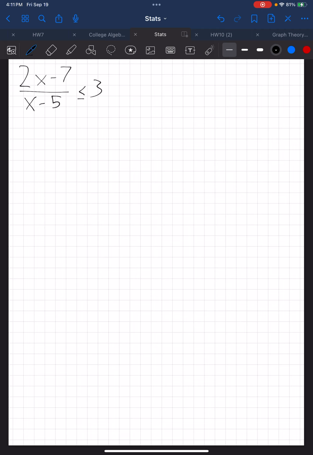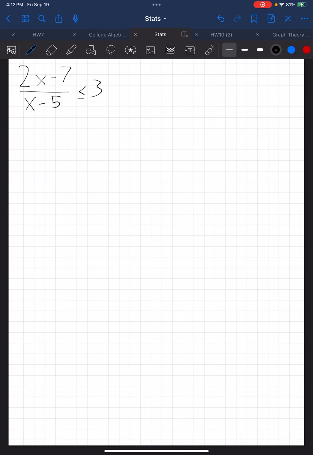Okay, so here's this problem for the workbook that I think I messed up a little bit, and I want to do this over again. The key here is that we're always going to want to make these be 0 on the right hand side.